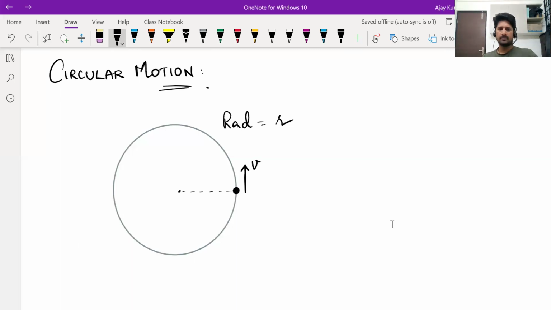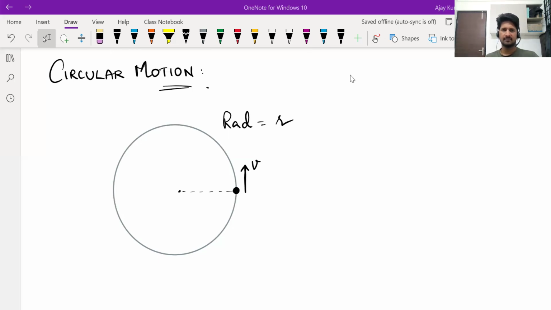One of you tell me, when an object moves in a circle, should it be accelerating or not? Is acceleration compulsory or not? When an object moves in a curved path or a circular path, is it accelerating or not necessarily?